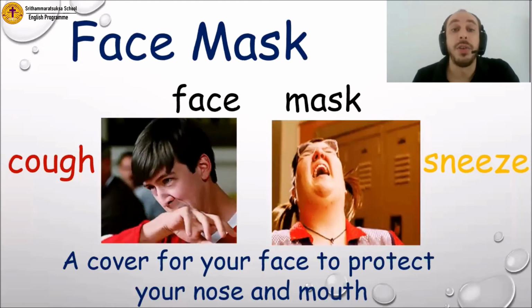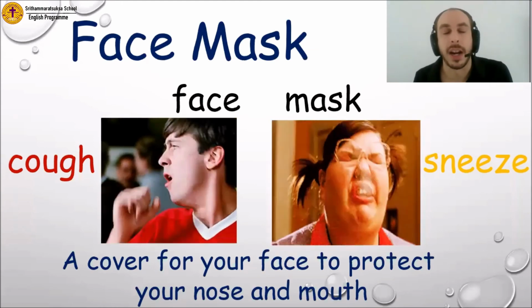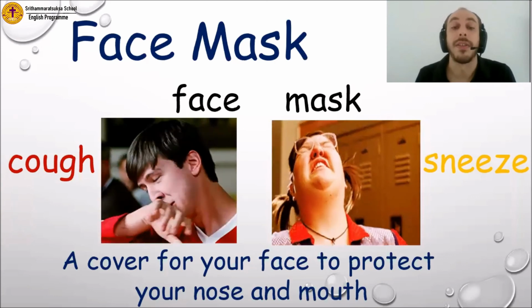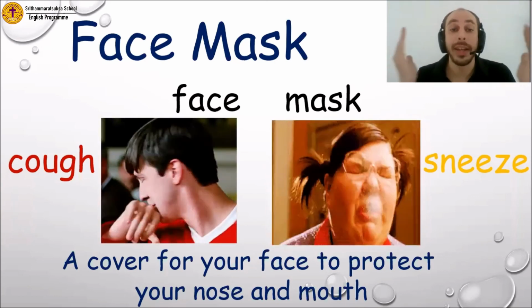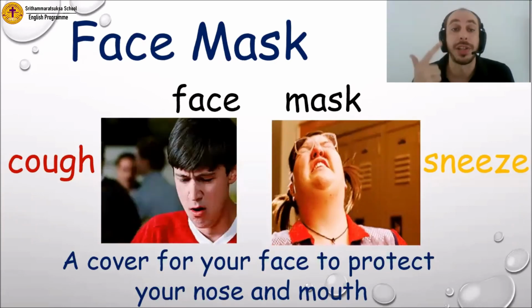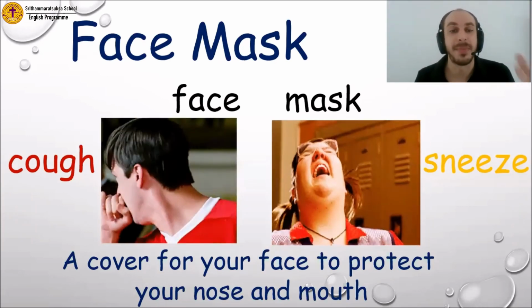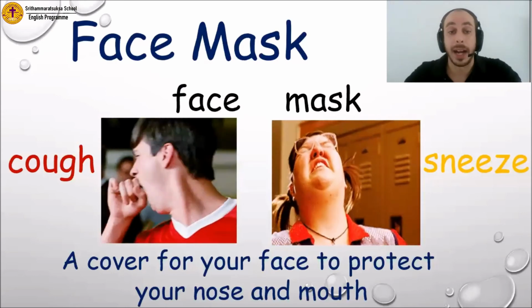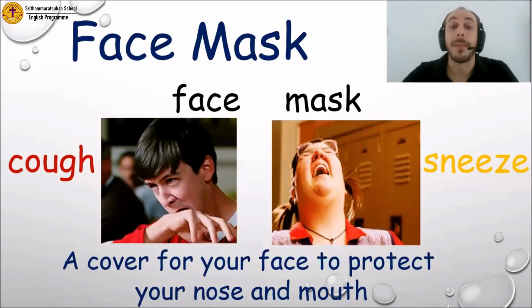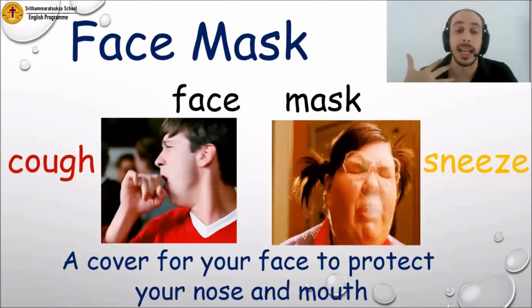Okay, these are the 2 easiest ways for the virus to get out of our body and into another. So having the face mask protect our nose and mouth stops the spit and germs from leaving our bodies and from other people letting it get in.